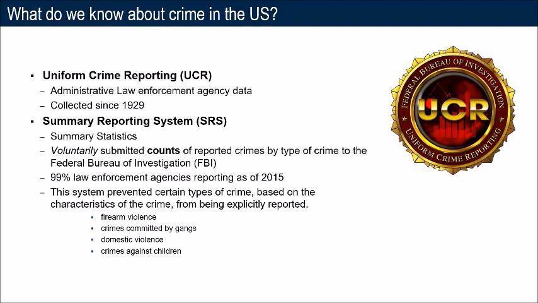These are summary statistics that are voluntarily submitted, and they're counts: how many crimes of this type occurred in your agency or state in the past year. And it's highly reported, with 99% of law enforcement agencies reporting. It's a really good way to look at summary statistics.